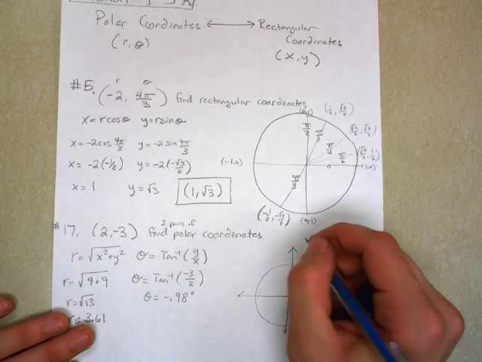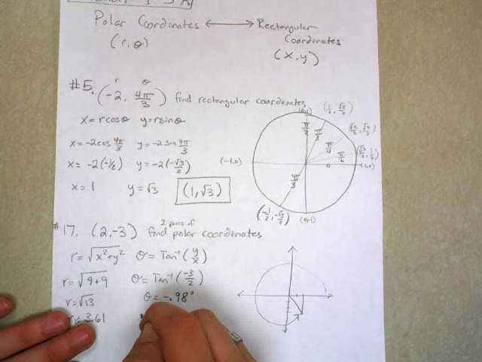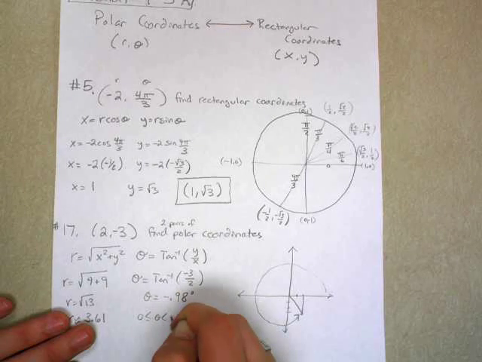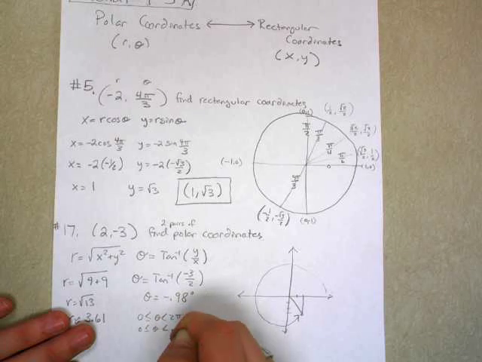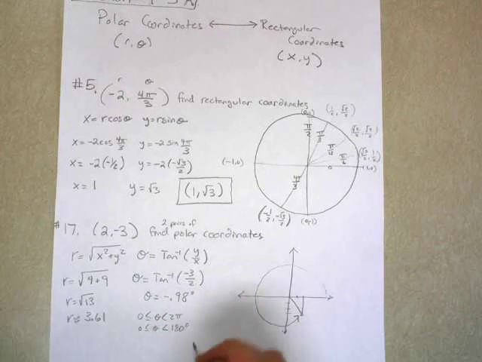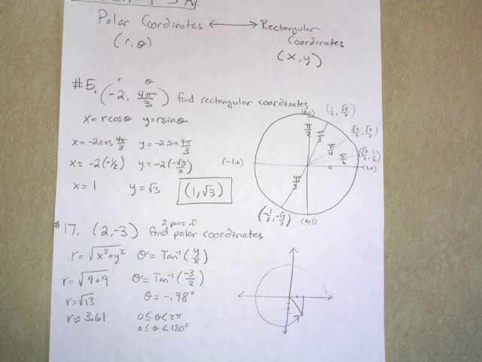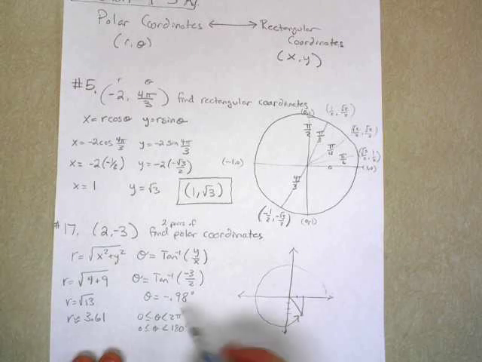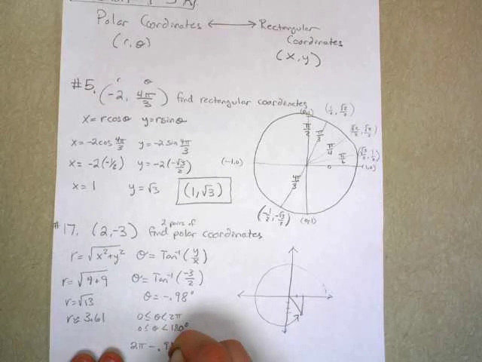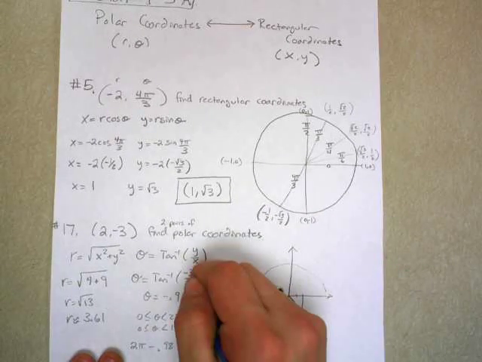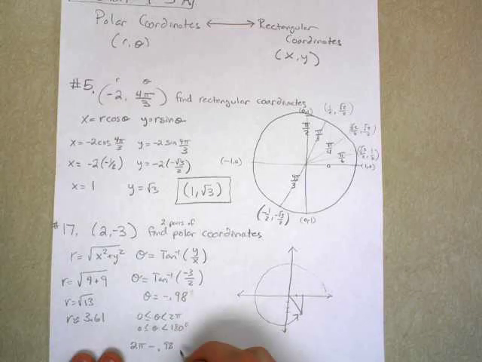Now what's interesting, usually when we're doing this, we want to find an angle between 0 and 2 pi, or 0 and 360 degrees. So because this is a negative number, we're going to go ahead and subtract this from 2 pi. So 2 pi minus 0.98, this is in radians. We're going to get the value 5.3.